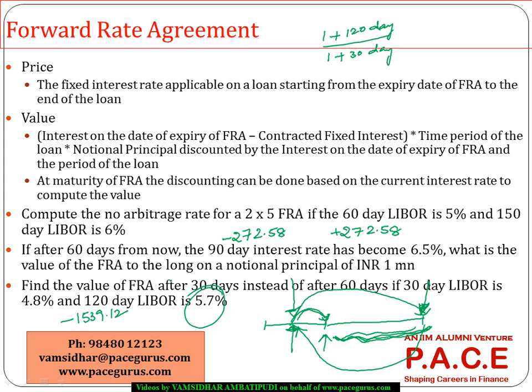So as far as the FRA is concerned, we can think of getting into the pricing of it, which is nothing but determining the fixed rate of interest as well as the value of it, and the value can be determined either on the maturity or expiration of the FRA, or somewhere during the period of the FRA itself before the expiry period.